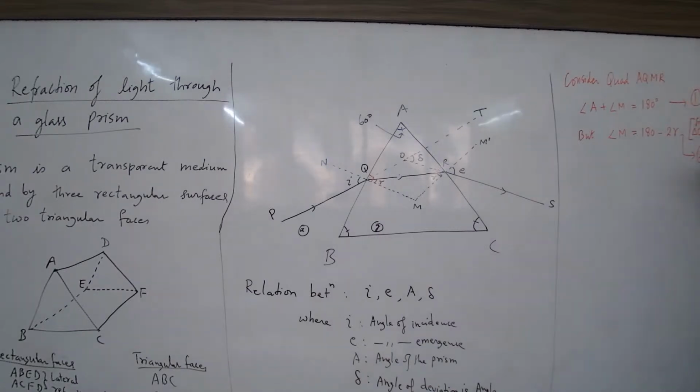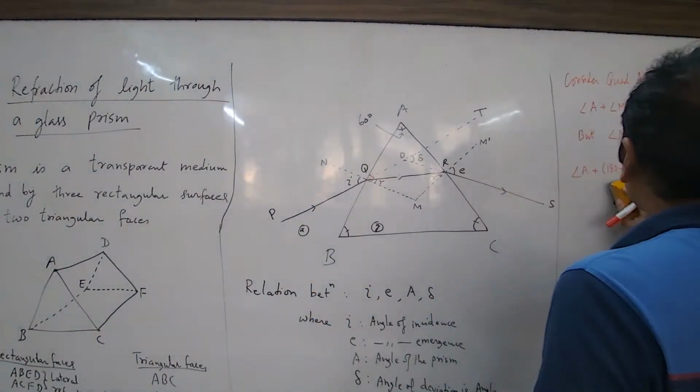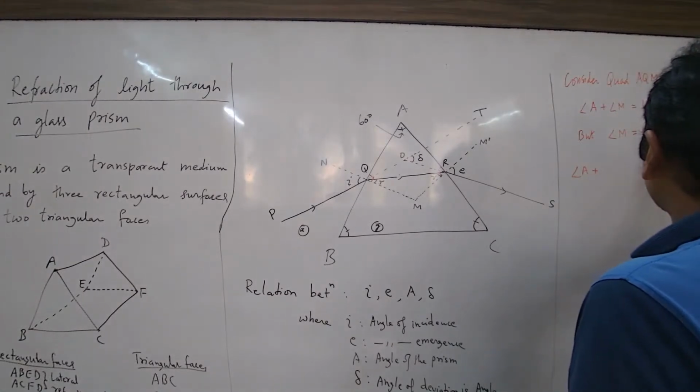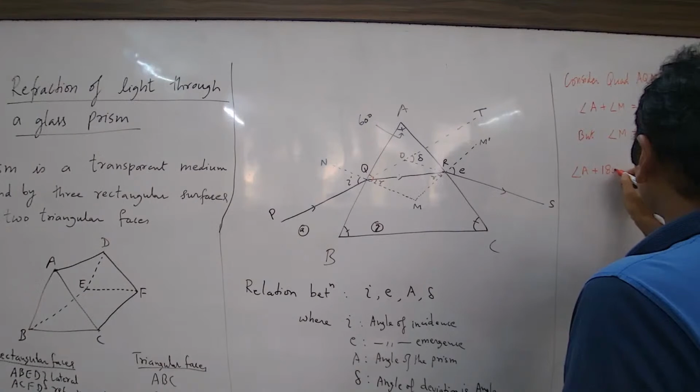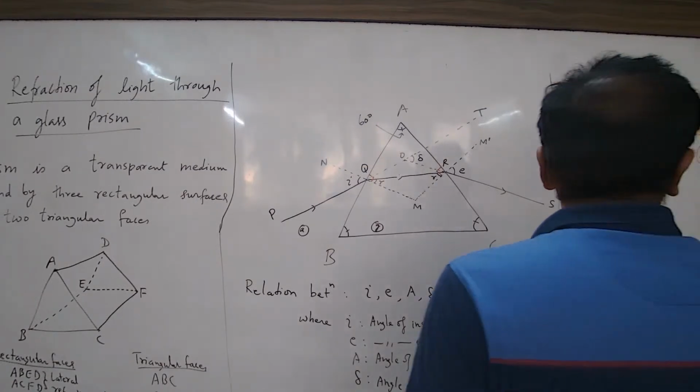कोई था क्या? Okay. So what is then therefore A plus 180 minus 2R? 180 degree minus 2R. What will happen?